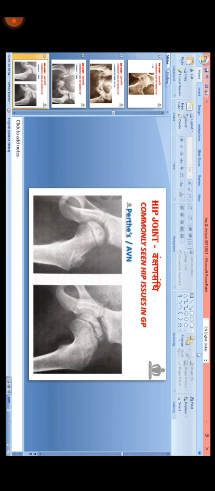Hip joint is somewhat a complex joint where you can find a great role or scope for Ayurveda as a first line of treatment also. Only if you leave the surgical aspect, all the other things can be taken care of with the help of Ayurveda.